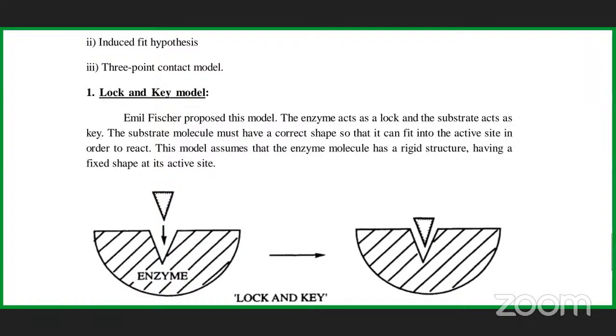As per this model, the substrate molecule must have a matched geometry or correct structure with the receptor active site. A mismatch of the geometry or shape will not fit into this particular receptor active site. This is the proposal of the lock and key model.